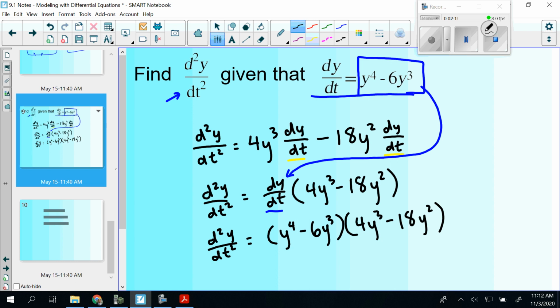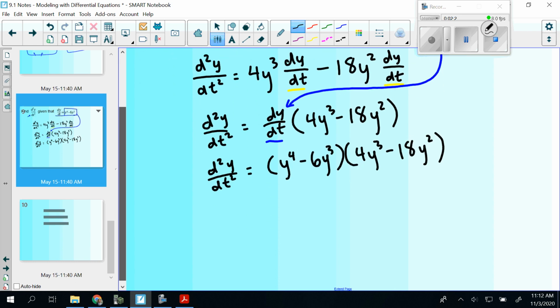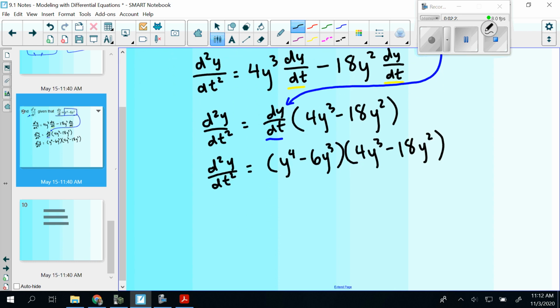And of course, if it's like an AP type question, like a multiple choice, and you got to match it up, then go through and simplify this out by distributing, doing some FOIL here. We get that. It's 18y to the 6.